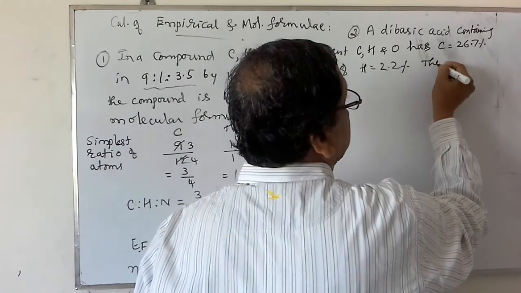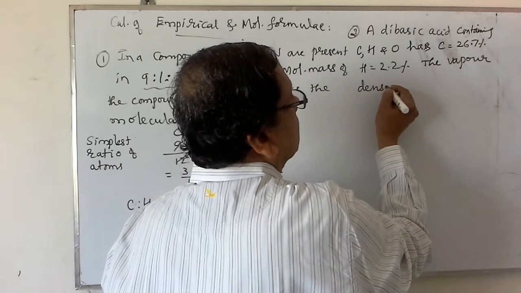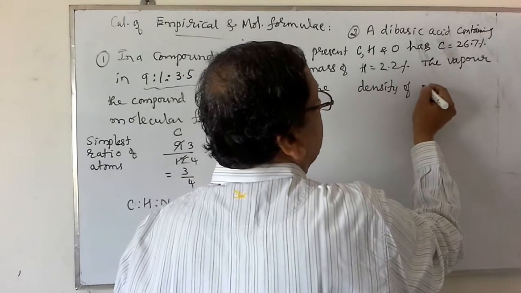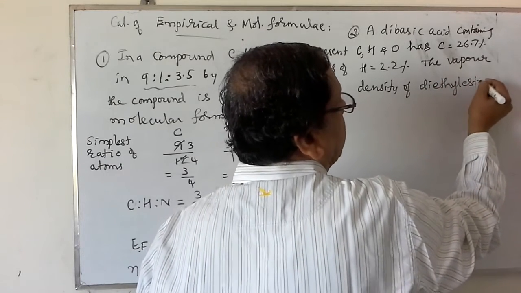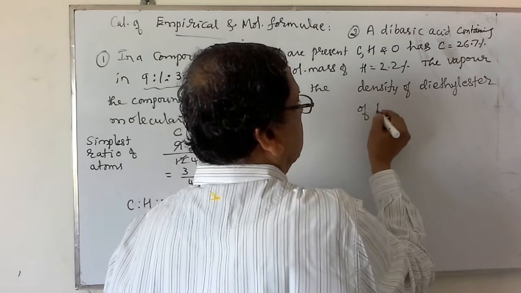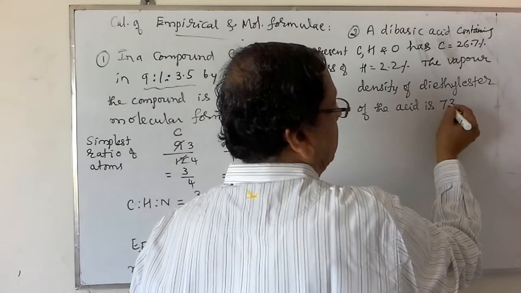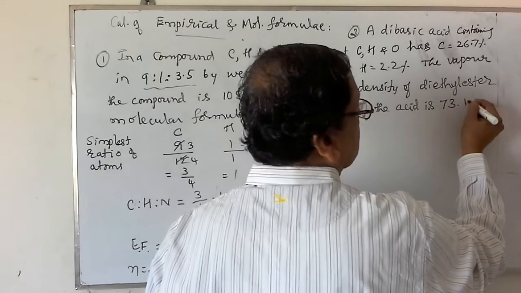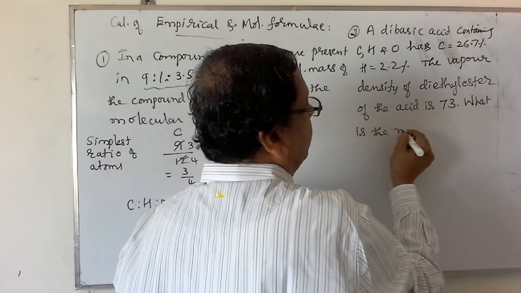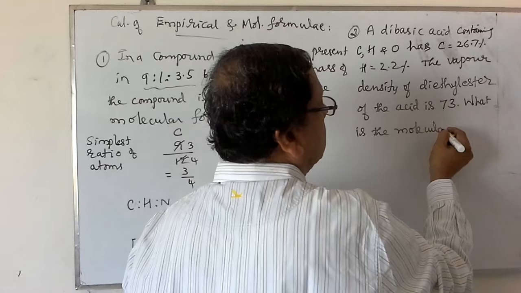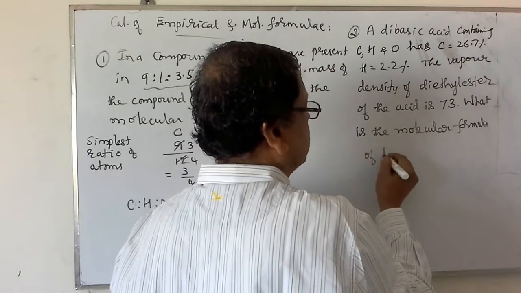The vapor density of the diethyl ester of the acid is 73. What is the molecular formula of the acid?